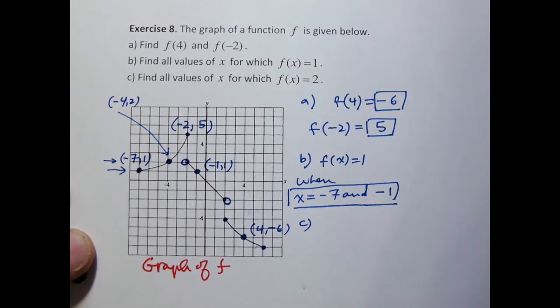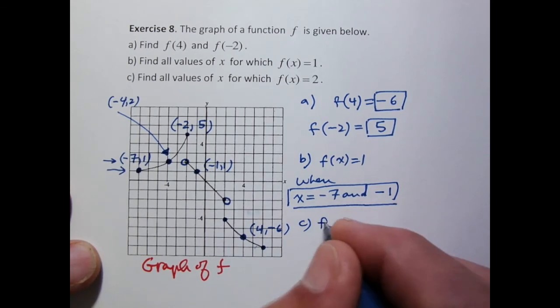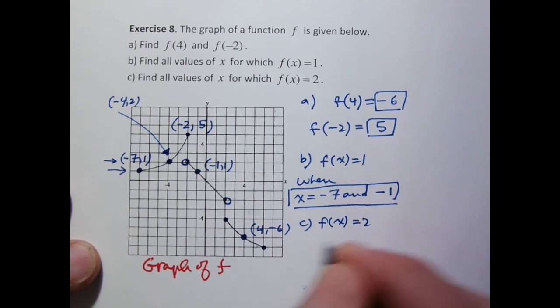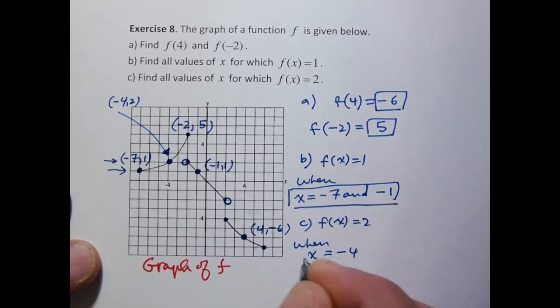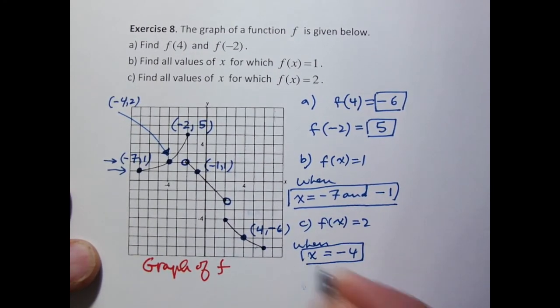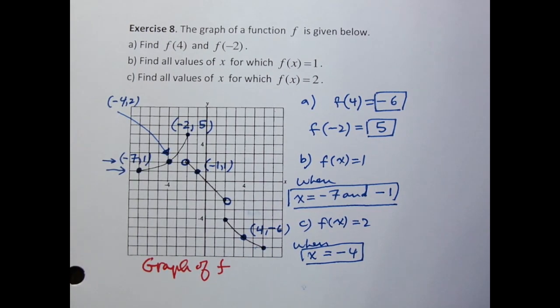So I can't really draw the coordinates far away from the point. And so f of x is equal to 2 when x is equal to negative 4. I get just one value there for x, and that's exercise 8.